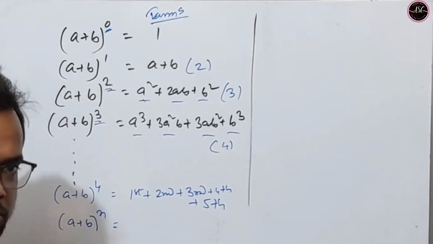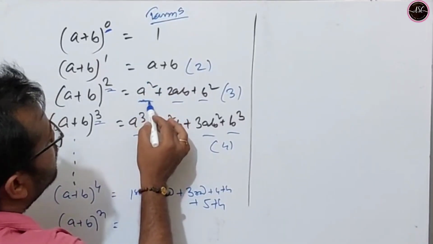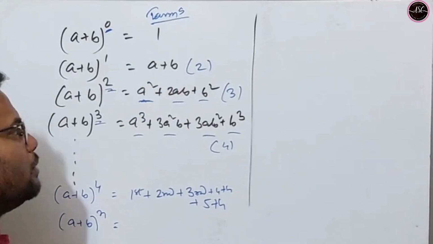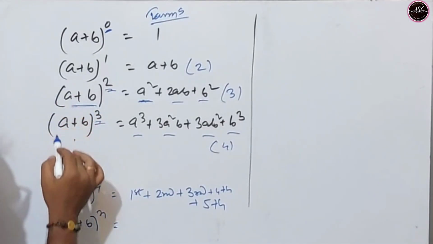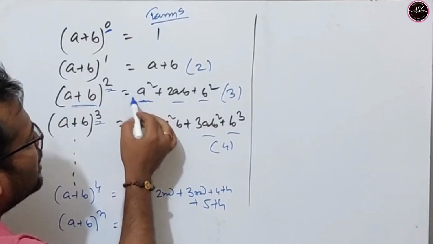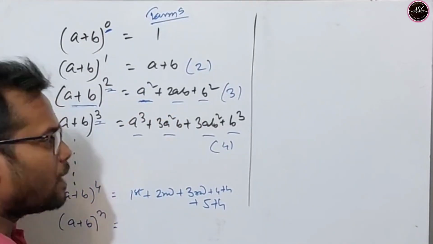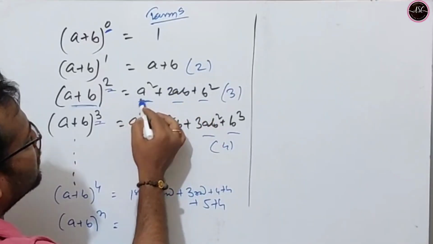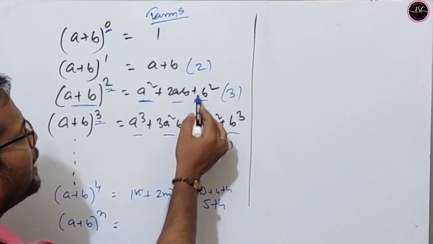Next, here just look at the power of the first quantity. Here in this term, the first quantity is A and the second quantity is B. So just look here, the power of the first quantity, that means A, is 2. Okay, and here the power of A is 1 and here 0.